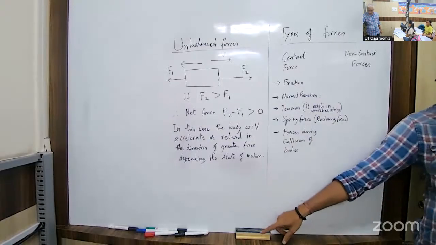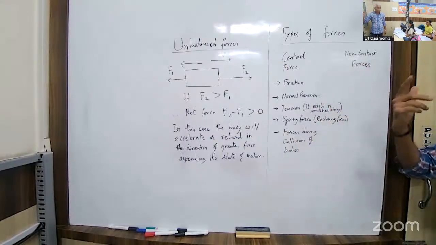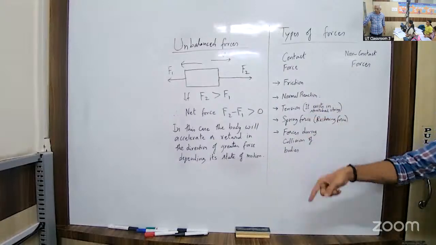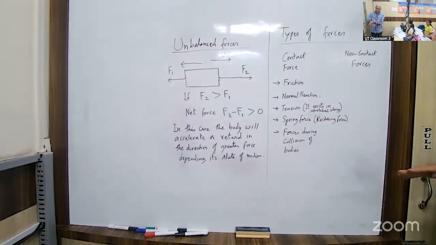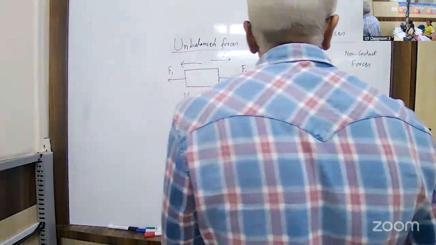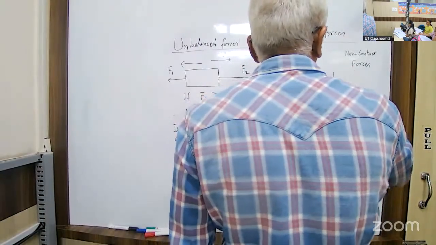So to change its motion, there must be some other force acting, because force is required to change the state of motion. Got it? So friction acts when two surfaces in contact with each other are in relative motion. And it always opposes the motion. It acts in the direction opposite to motion. So that is friction, that is also a contact force. So all these are examples of contact forces.